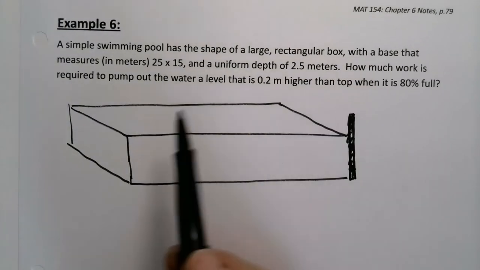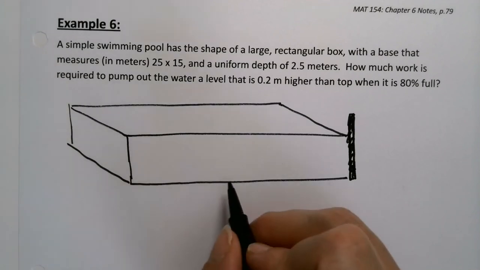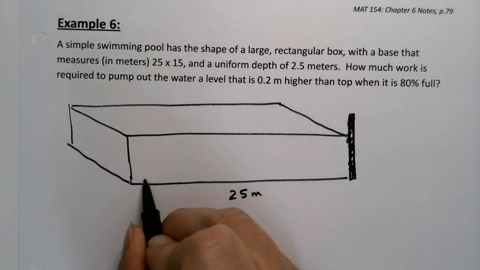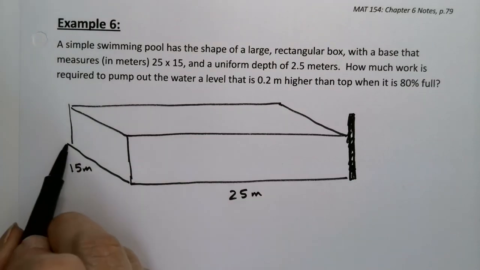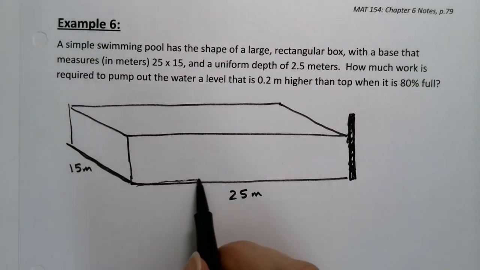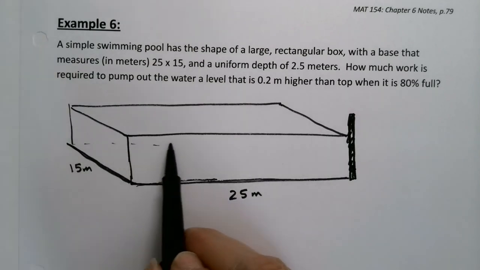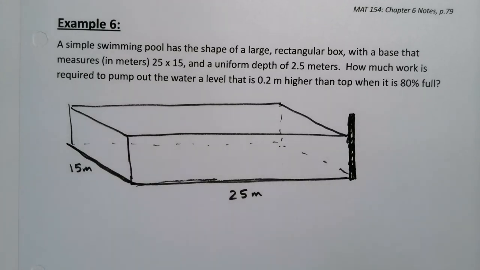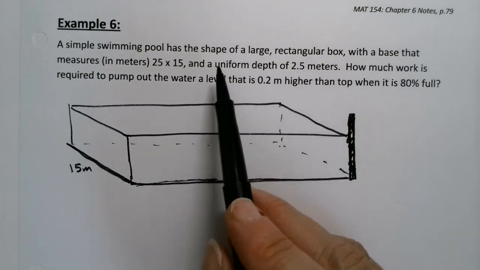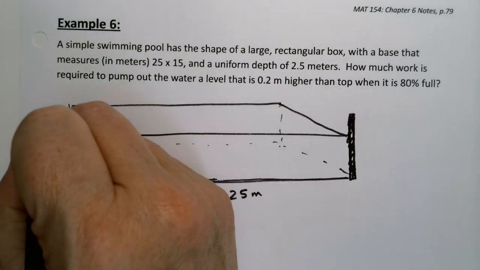Let's see, it's a large swimming pool, shape of a rectangular box with a base that measures 25 meters, which I've obviously made this side because it's very long, by 15 meters over here on this side. So there's the base, 25 meters by 15 meters. There's the rest of the pool if you want to see it. Okay, at a uniform depth of 2.5 meters.